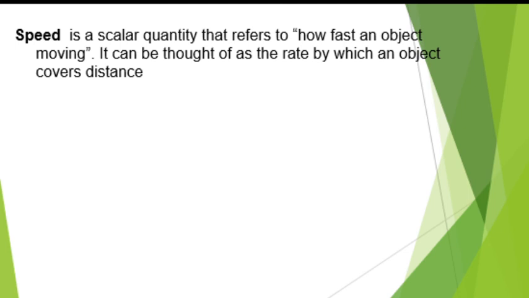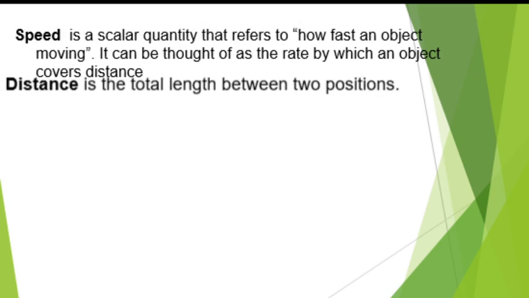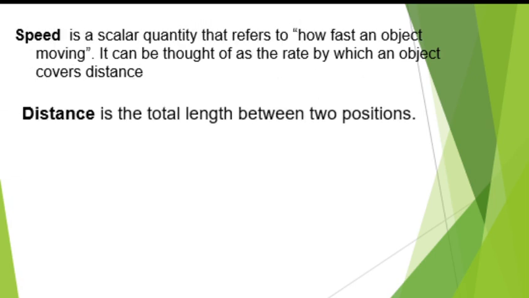And for the speed, it is a scalar quantity that refers to how fast an object is moving, which can be thought of as the rate at which an object covers distance. And of course, the distance is the total length between two positions.